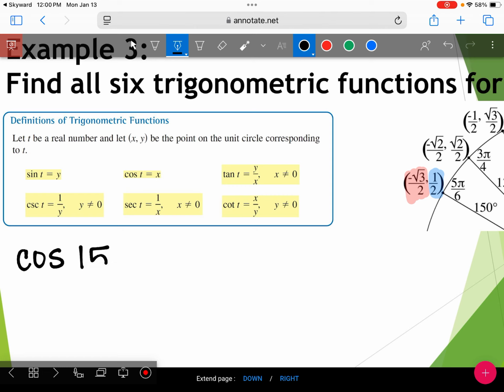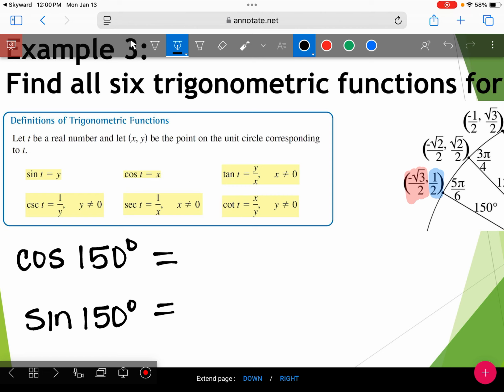So we have the cosine of 150, and then I have the sine of 150. I always start with cosine. I don't know why. I just do. All right, so what's the cosine of 150?